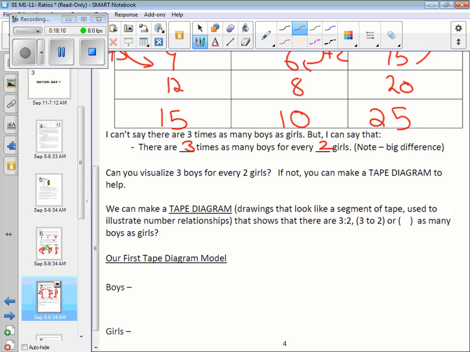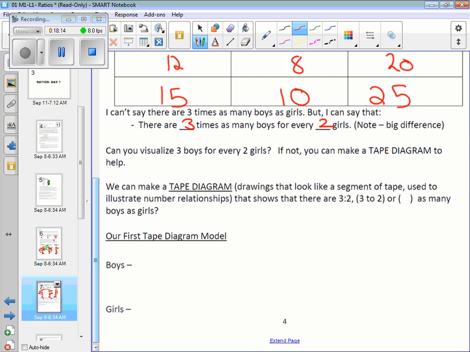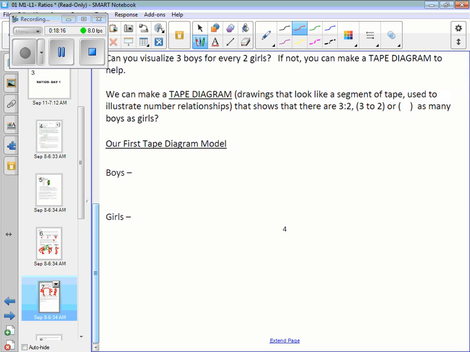How many of you have done tape diagrams down in elementary school? Here's how I can show you this. Our ratio that they gave us was 3 boys, 2 girls. So we're going to make a tape diagram, 3 boxes by 2 boxes. Everybody do that.